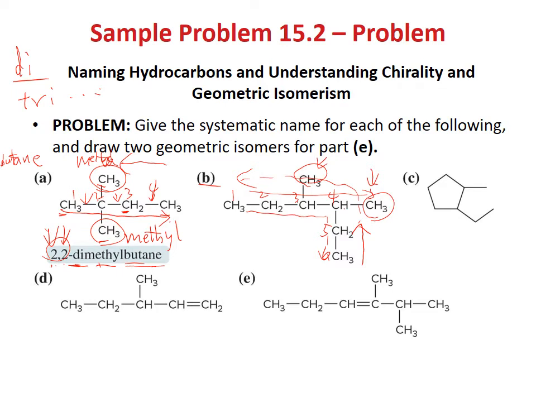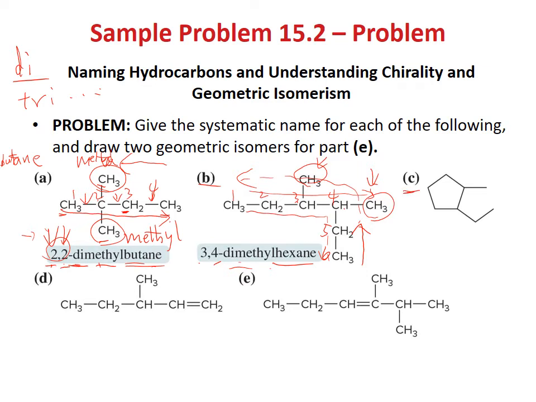So 3,4-dimethylhexane. So longest chain hexane, 2 methyl groups, dimethyl, number 3 and number 4. Compared to the first one, which is 2 and 2, so 2,2-dimethyl.